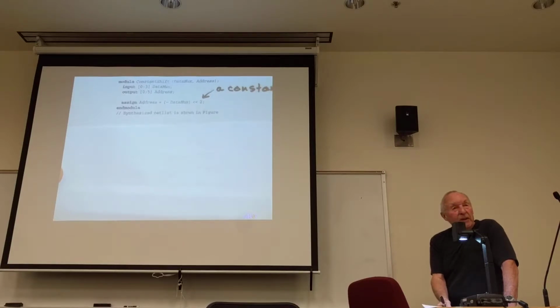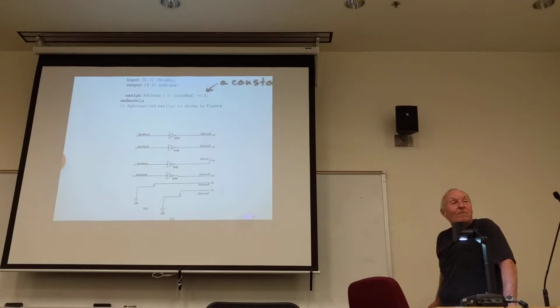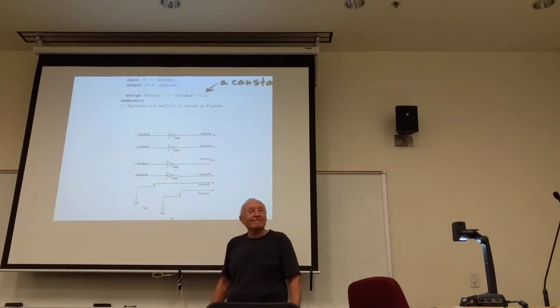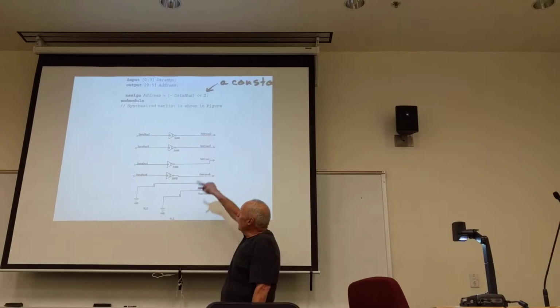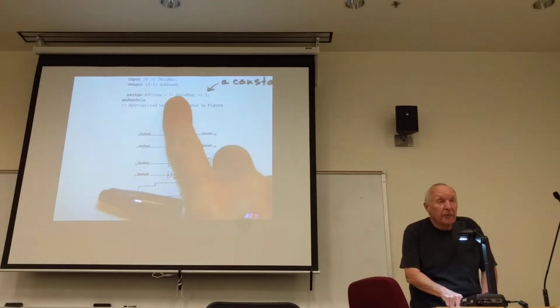How many would have expected this? The 2 least significant bits, just ground them. The other bits have to go through an inverter because this code does say that you take the complement of it.